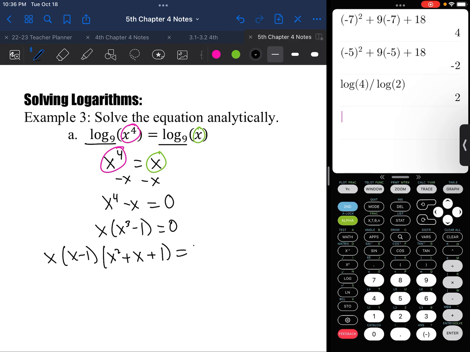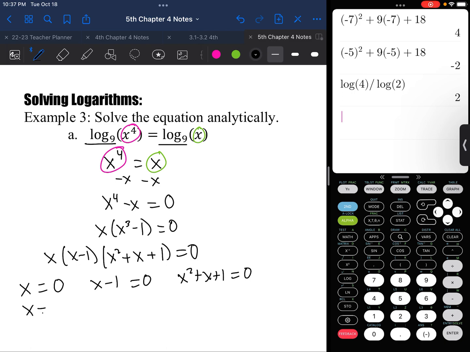That's a formula, you guys can look that up. It's called the difference of cubes. So this gives us various scenarios here. Either x can equal 0, x minus 1 can equal 0, or x squared plus x plus 1 can equal 0, and it would make this whole thing 0.